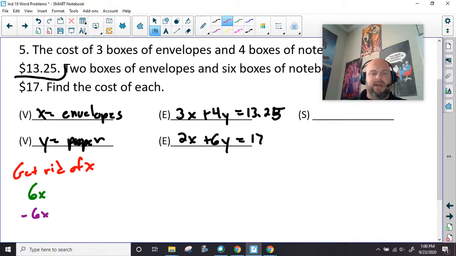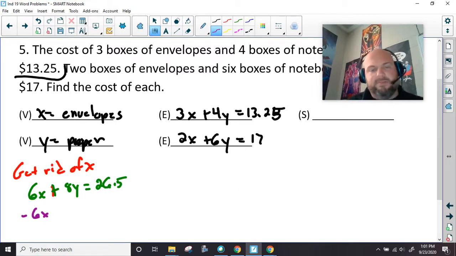Well, what would I have to multiply this by to make it positive 6? That would be 2. So I'm going to multiply everything by 2. So 4y times 2, that's 8y. And 13.25 times 2 should be 26.5. I didn't have to use a calculator. I'm so proud of myself.